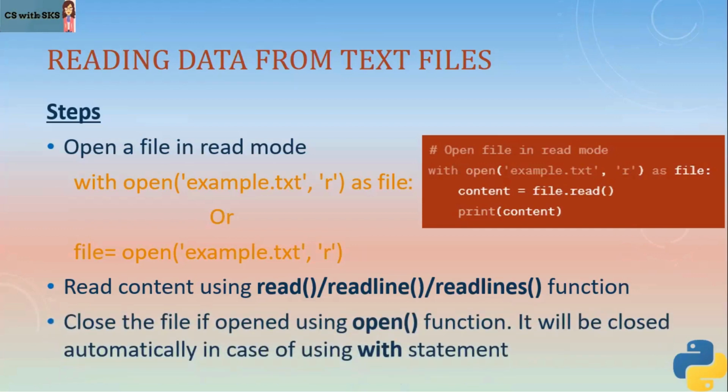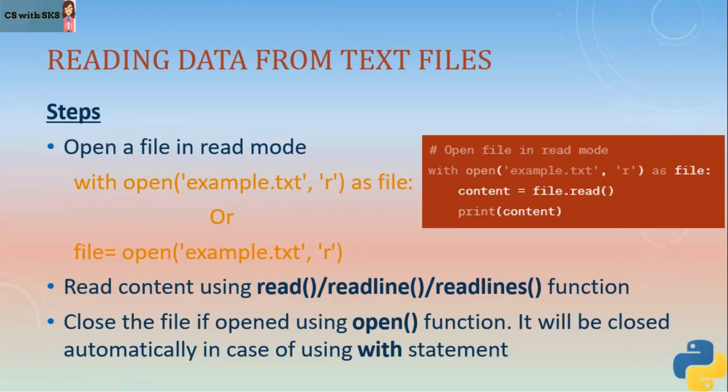And last but not least, you need to close the file. Closing the file is mandatory if you open it using the open function like this. In case you're using the with clause, then it will automatically be closed and you don't need to close the file separately or specifically. Okay, so remember: open the file, read the content, and close the file.